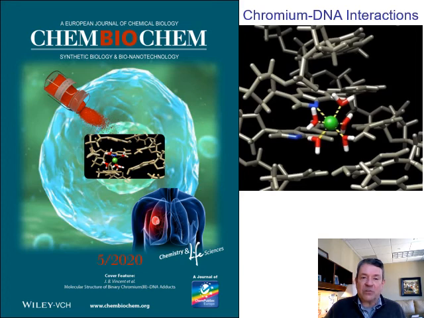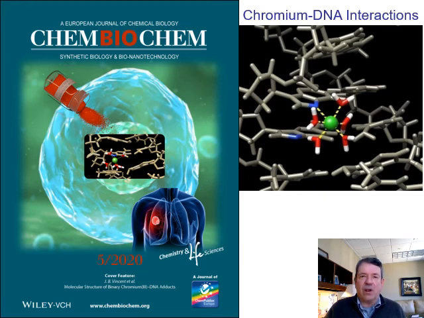Finally, we are also interested in how molecules interact with DNA. One project that we're working on in collaboration with John Vincent's group in the department is to look at chromium DNA interactions. Chromium is a carcinogen. Chromium 6 is a potent carcinogen when inhaled, and it's believed that it gets reduced to chromium 3, which can then interact with DNA.